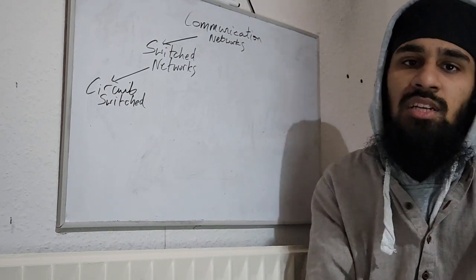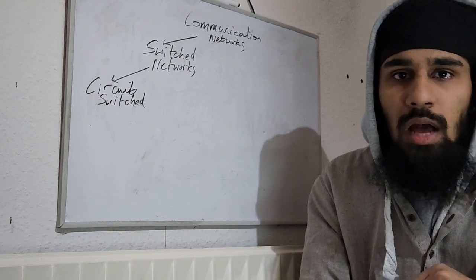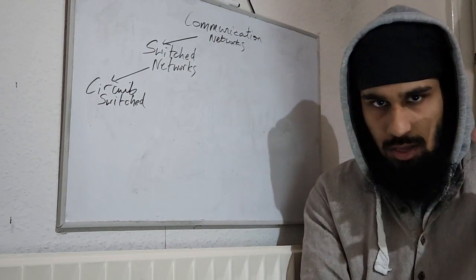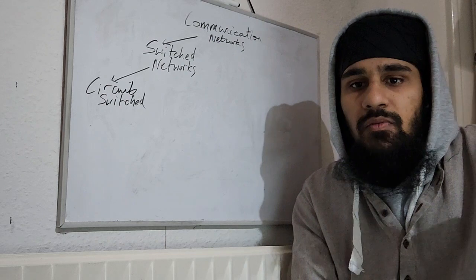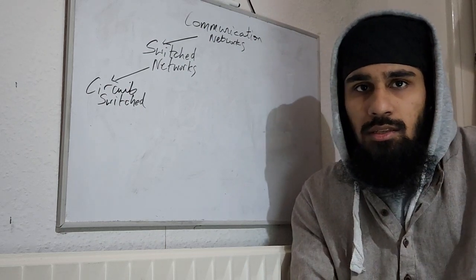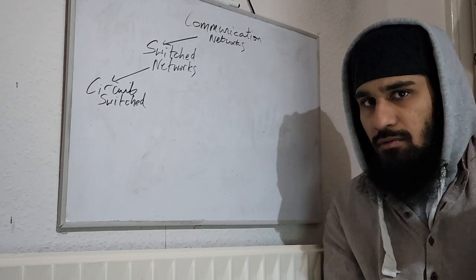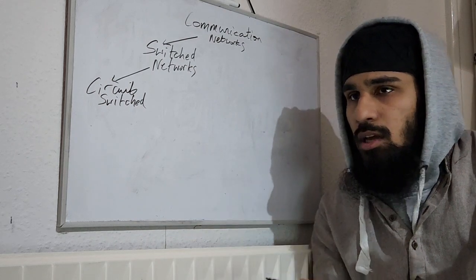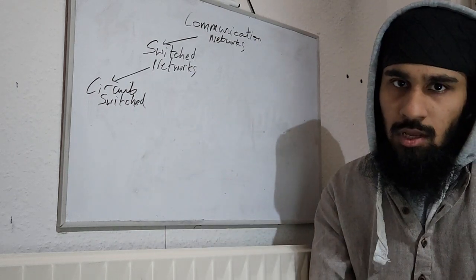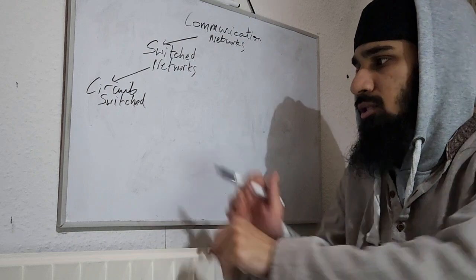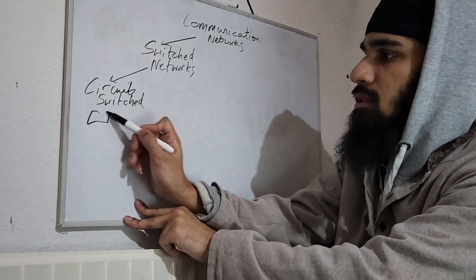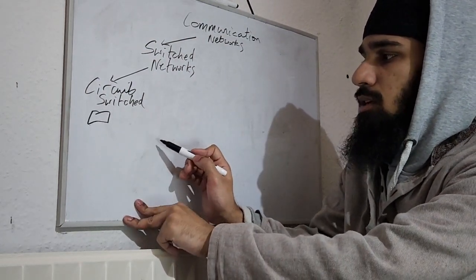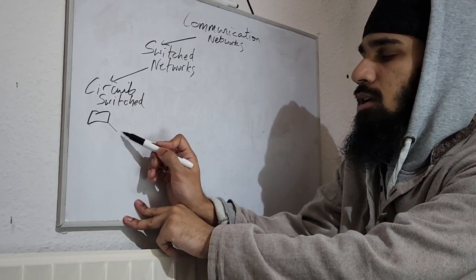Circuit switched networks is when you have one end of the device trying to communicate to another end of the device, and it does that through circuit switching. So there's like a circuit running through. So you have maybe this device and it's connected to a circuit.